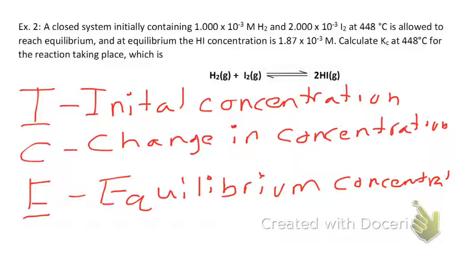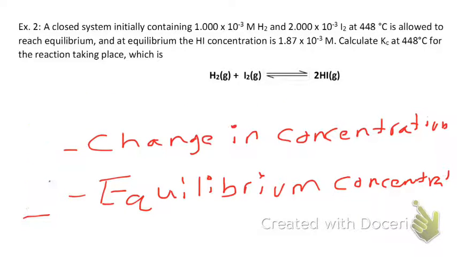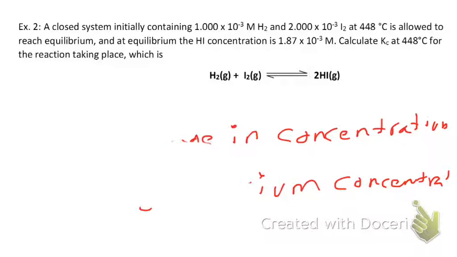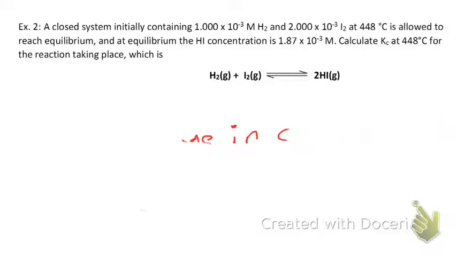Okay, so initial, I, change, C, and E for equilibrium concentrations, ICE. Okay, now ICE is going to be a very important way of solving problems for the remaining part of this year as we look at many types of equilibrium systems.